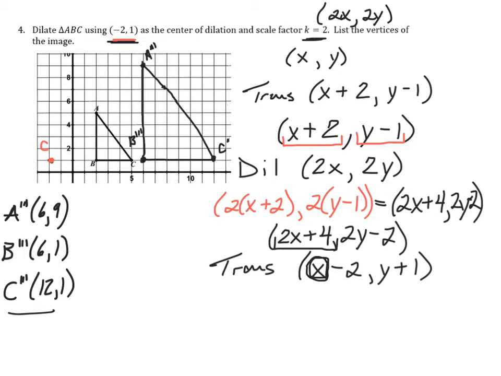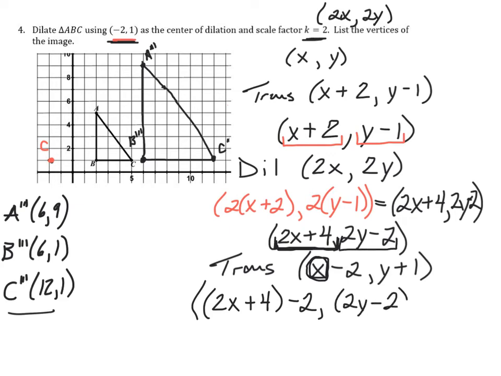Remember that this whole first term is your x coordinate. So now it's going to turn into 2x plus 4 minus 2. And then my y coordinate, which is 2y minus 2, I'm going to add 1. Last thing I want to do is simplify my rule and get rid of these extra parentheses. So I'm going to end up with 2x plus 2 and 2y minus 1.